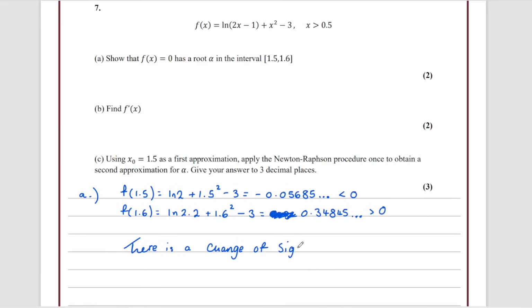And what we also need to note here is that my function f of x is continuous in this given interval. So there is a change of sign and f of x is continuous in the given interval.